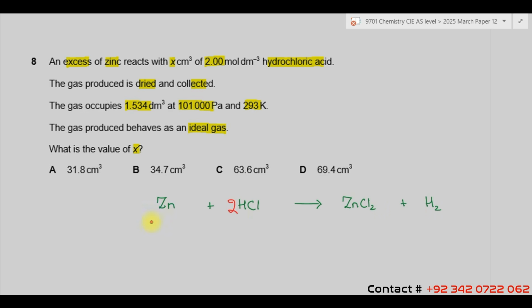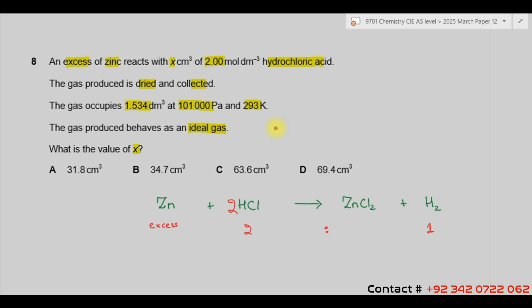As in the question, they have given zinc in excess, so it means hydrogen is dependent on HCl, which is the limiting reagent. We have 2:1 according to balanced equation. So we do not have moles for hydrogen. First, let's find out the moles from the given data.